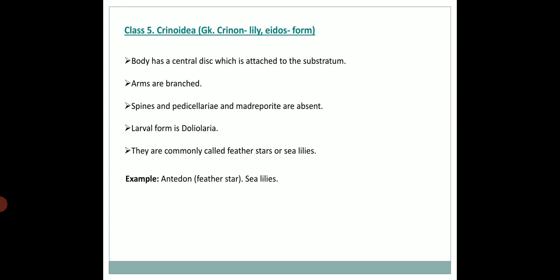Larval form is Doliolaria larva. They are commonly called feather stars or sea lilies. The example is Antedon, feather star or sea lily. These are the 5 different classes of phylum Echinodermata.